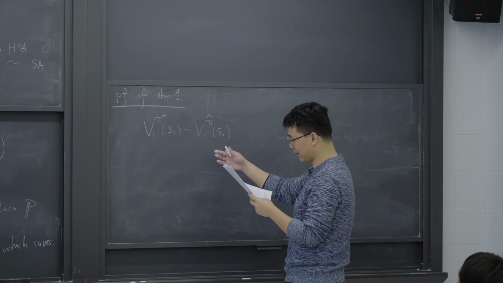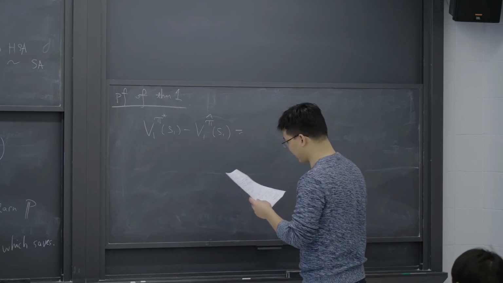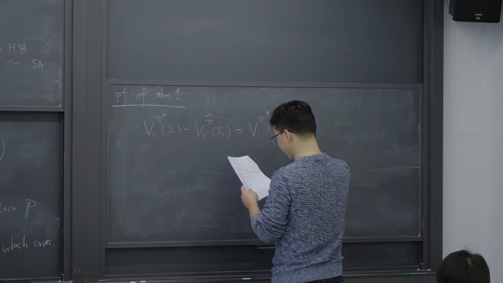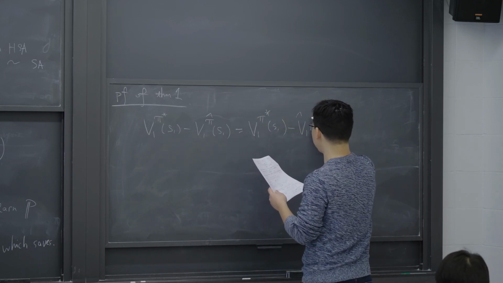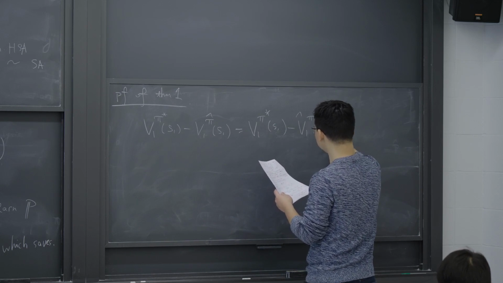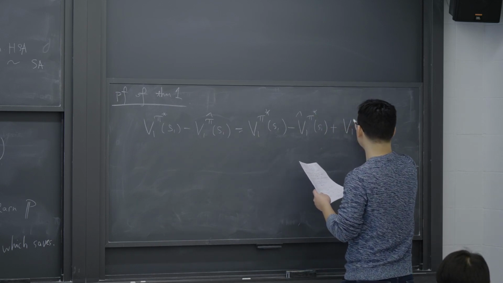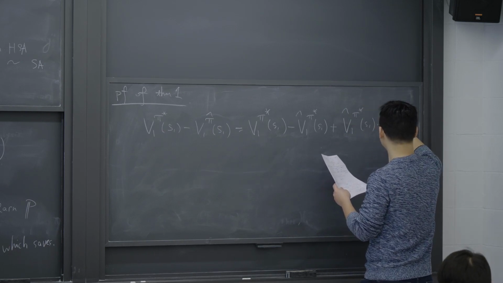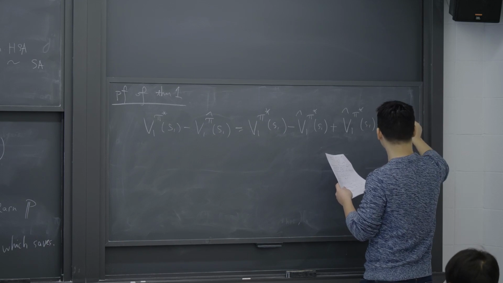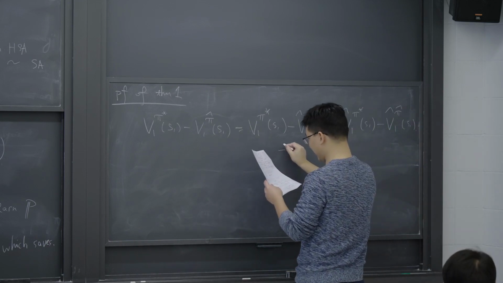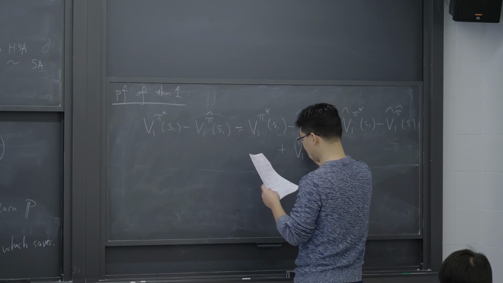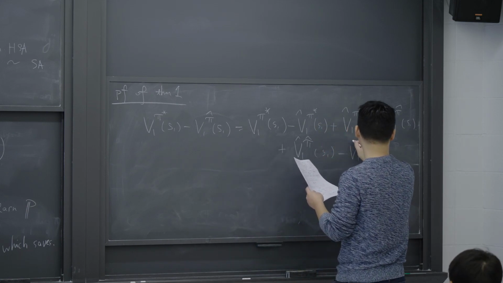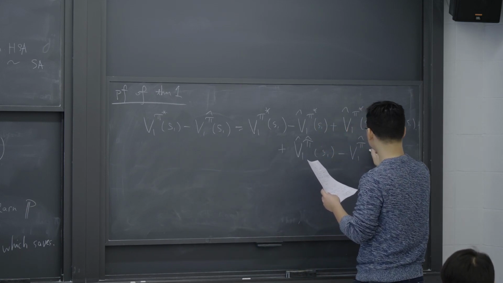So here we essentially use that lemma by just adding a term and subtracting a term, where we do V1 pi star S1, subtract V1 hat pi star S1, plus V1 hat pi star S1, subtract V1 hat pi hat S1, plus V1 hat pi hat S1, subtract V1 pi hat S1.